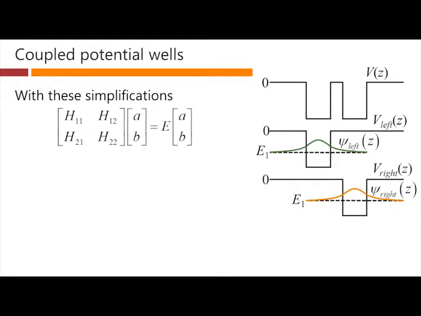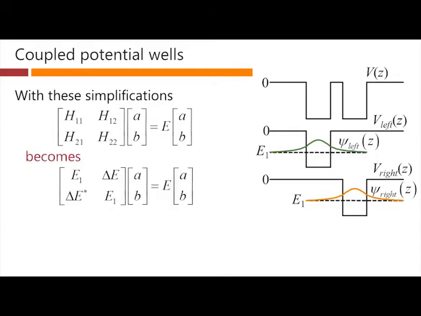Well, with these simplifications, our Hamiltonian becomes really very simple, and our eigenequation correspondingly also becomes very simple. The diagonal elements we already worked out were basically E1, and all that's left, for example, for H12 here, is this one term, delta E. Remember, H12 involved wave functions 1 and 2 in calculating it, and the only place where at least one of them is not 0 is inside the barrier.